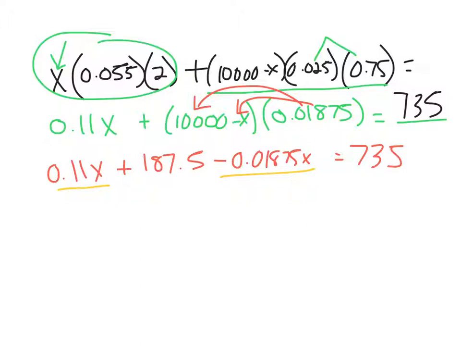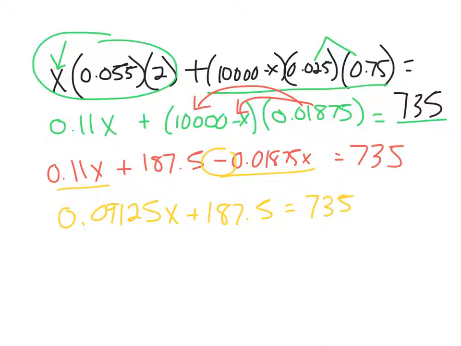So I'm going to do so. 0.11x minus, and it's minus because that's the symbol right in front of our 0.01875, so I'm going to subtract that. 0.11 minus 0.01875 gives us, I'll write this down in yellow, 0.09125, and that's still our x, and we're still adding. We haven't done anything to the 187.5 just yet, and this is all still equal to 735.